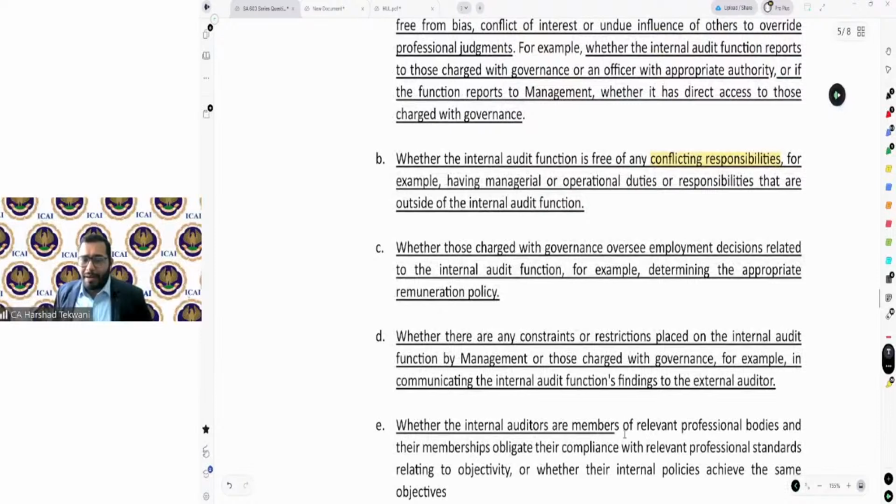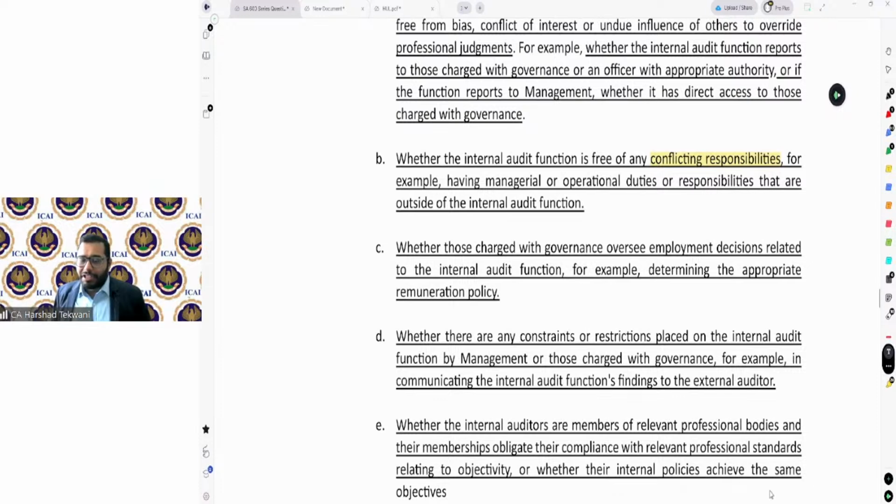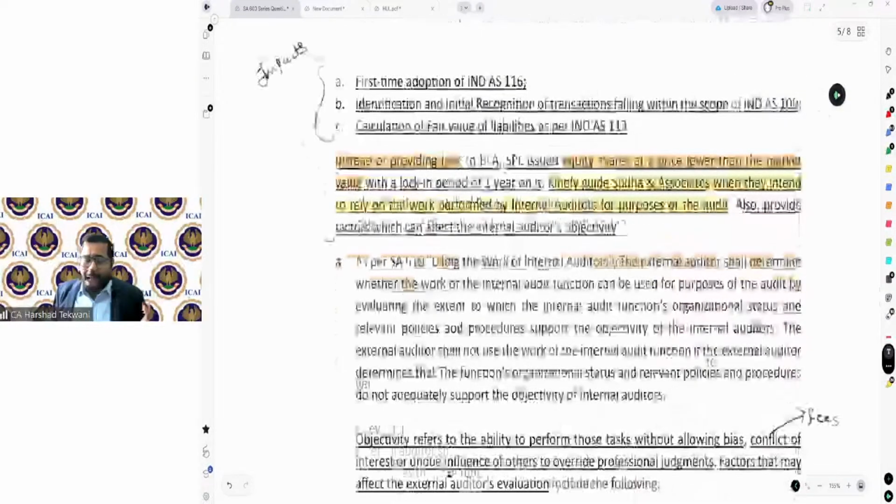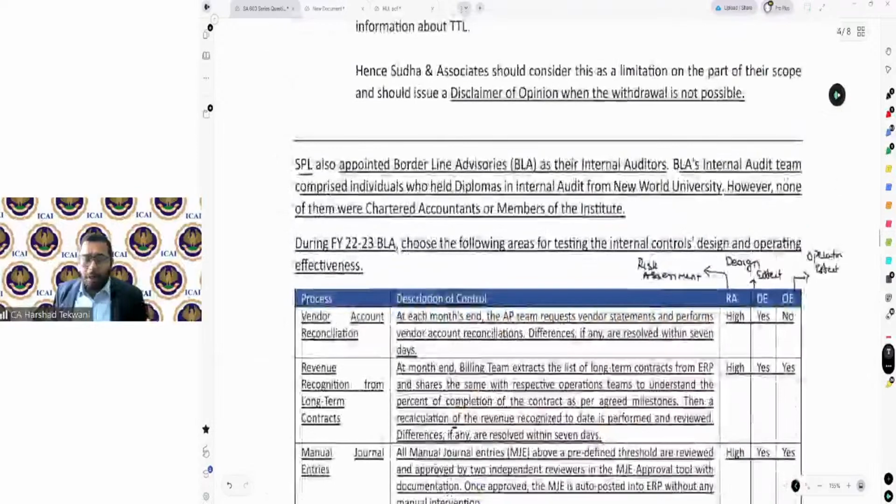Whether the internal auditors are members of relevant professional bodies and their membership obligates their compliance with relevant professional standards relating to objectivity, or whether their internal policies achieve the same objectives. In the current case also, the internal auditors, Borderline Advisories, are holding a diploma in internal audit from New World University.